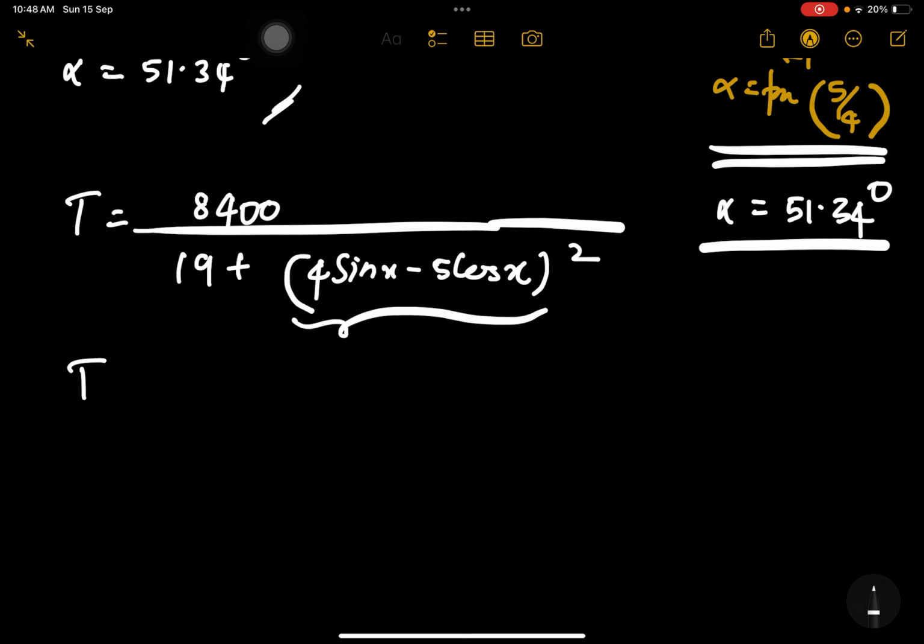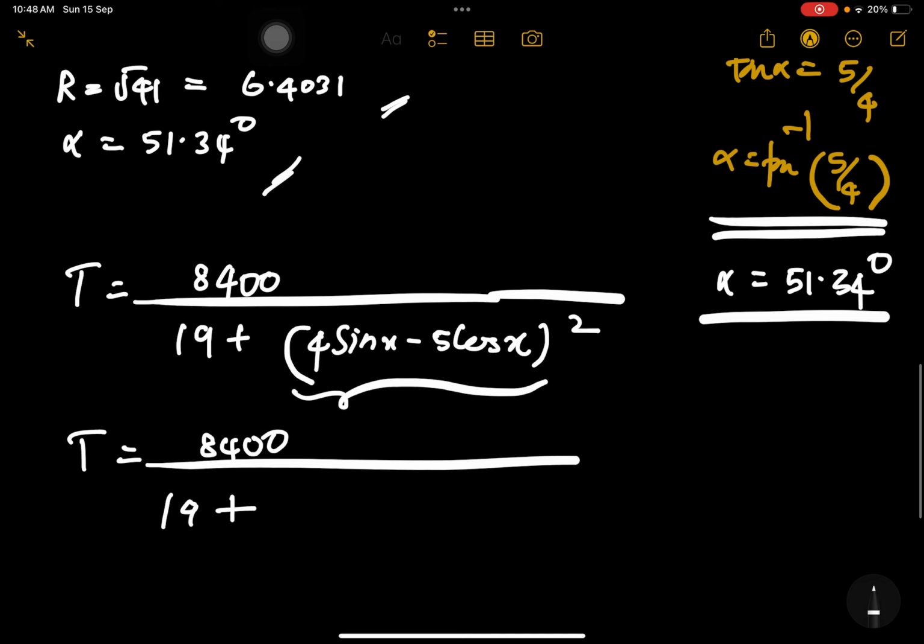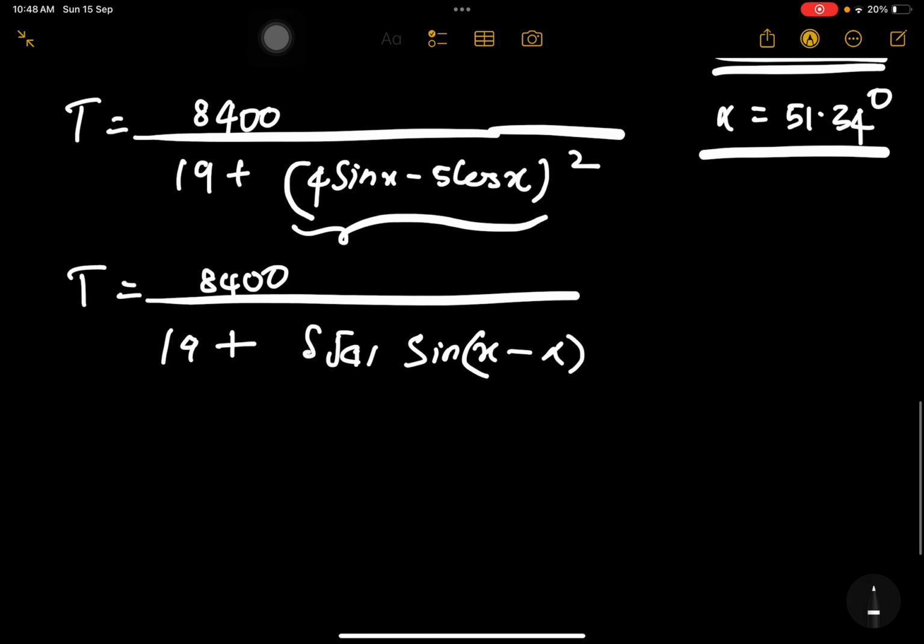So t is going to be 8400 divided by 19 plus r, which is root of 41, sin(x minus alpha), whole squared. We'll keep alpha rather than putting the exact value here for calculation.